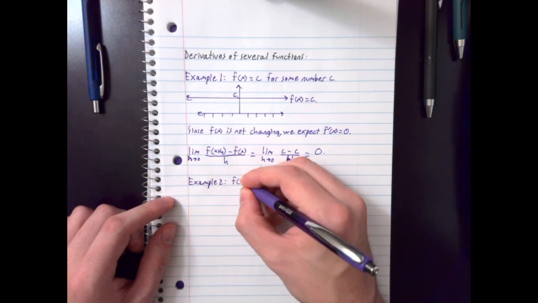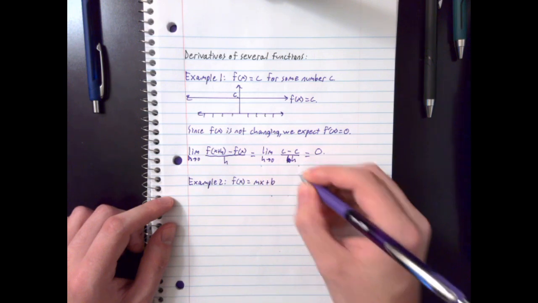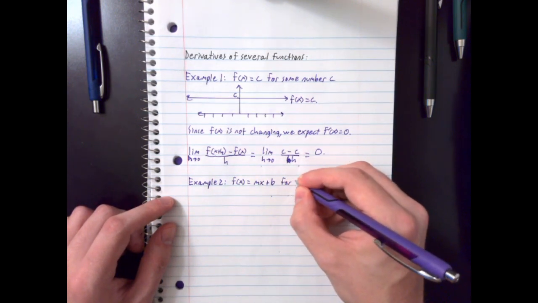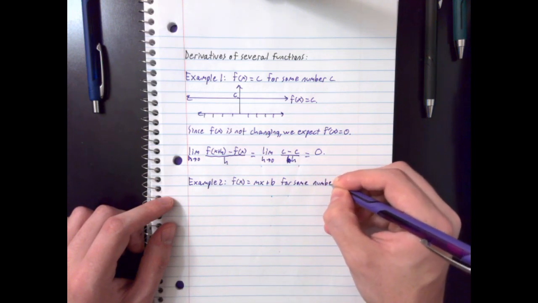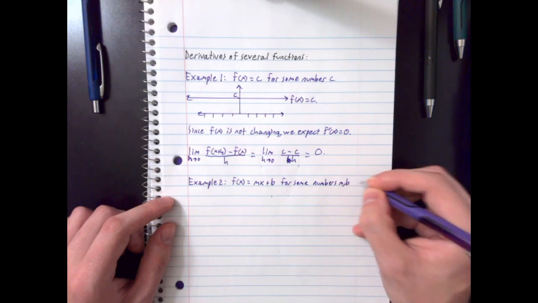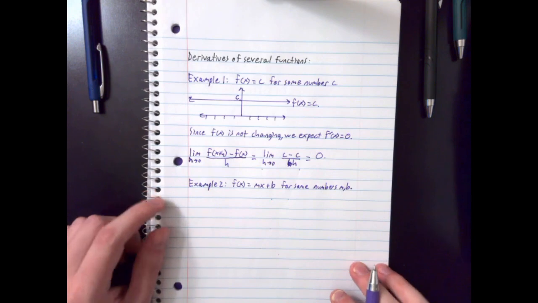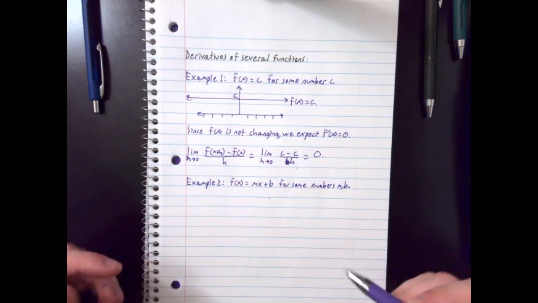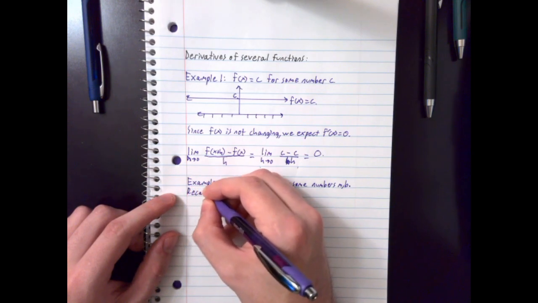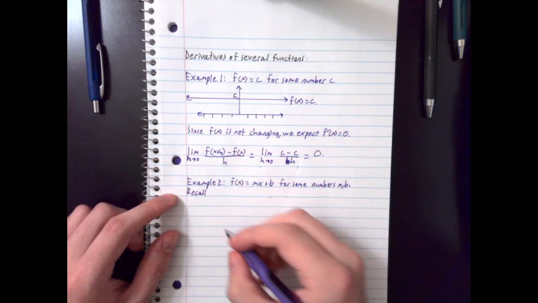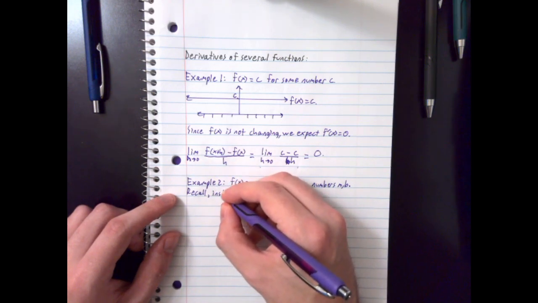is f of x is linear. So f of x is equal to mx plus b for some numbers m and b. That is the slope and the y-intercept here. So recall last time we said that instantaneous velocity was the slope of the tangent line.